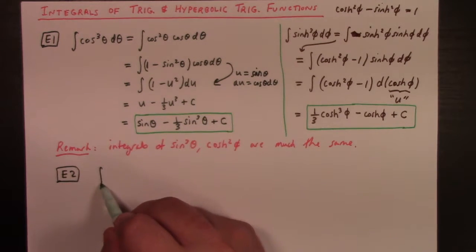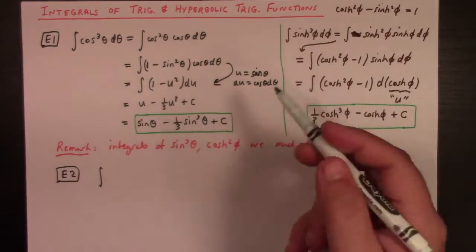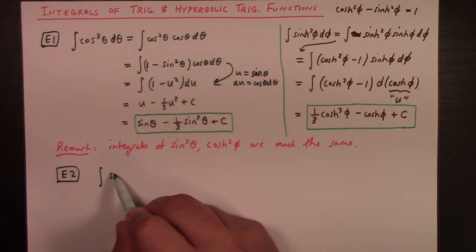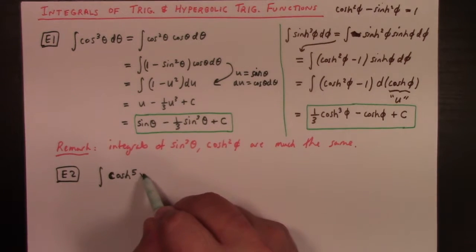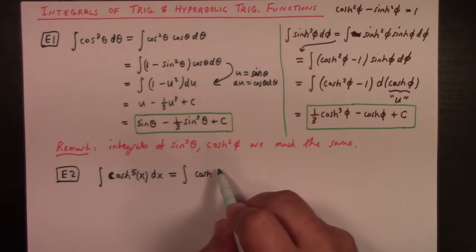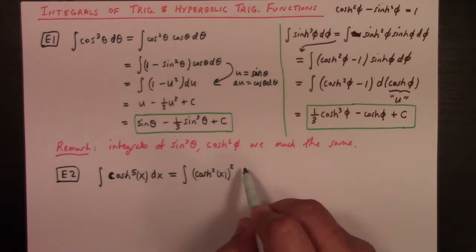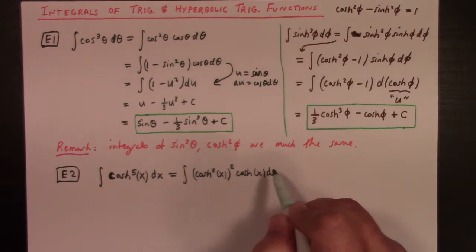and let's see here. Suppose I wanted to integrate. I'm going to stick with the hyperbolic one since you guys are probably less familiar with that. Suppose I wanted to integrate the fifth power of cosh, so like cosh to the fifth x dx, all right? So what you do is you rewrite that as cosh squared x, quantity squared, that's cosh to the fourth, and then cosh x dx.